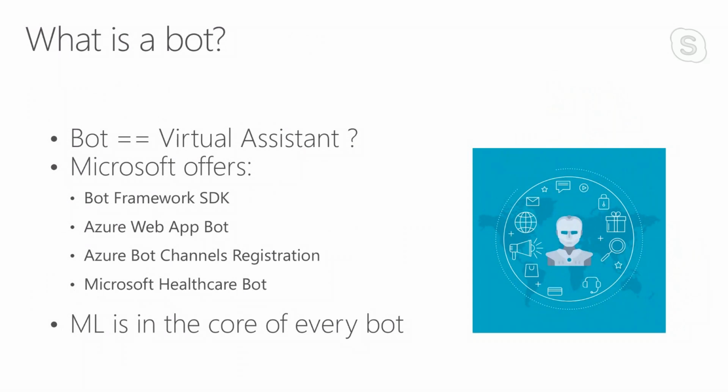For example, if you're using Microsoft technologies, you are first creating just a bot, and then you have an option to connect it to different channels. One of the channels is Cortana, and Cortana is a virtual assistant. So by creating a bot and enabling connection to Cortana, you are creating a virtual assistant skill.